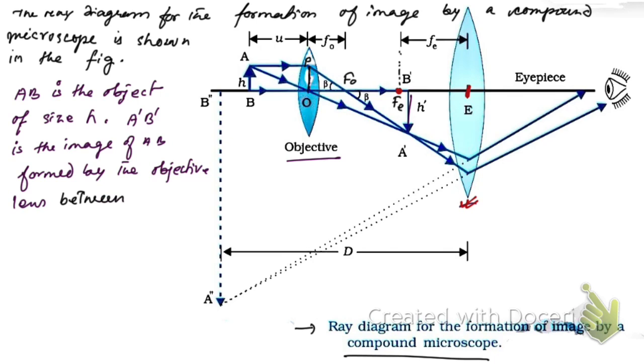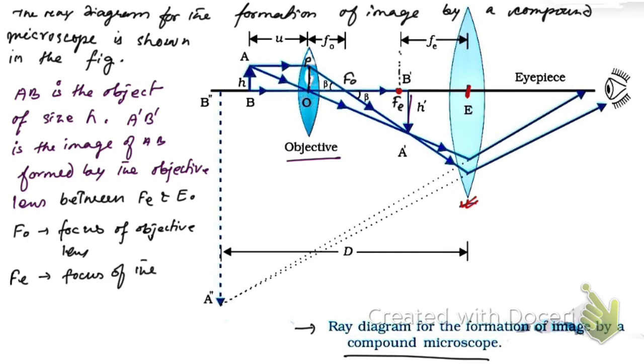It is formed between FE and E. Here F0 is the focus of the objective lens, and FE is the focus of the eyepiece.